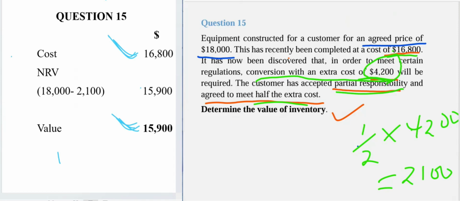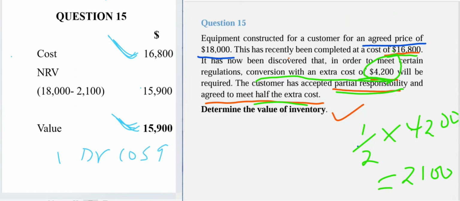So the difference between the 16,800 minus 15,900, which is 900, is the write down, right? And we said with that one, if you remember, we debit cost of sales with how much?